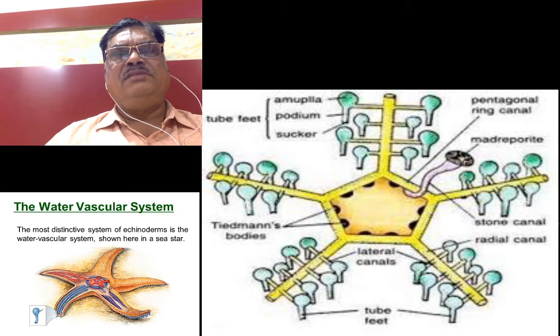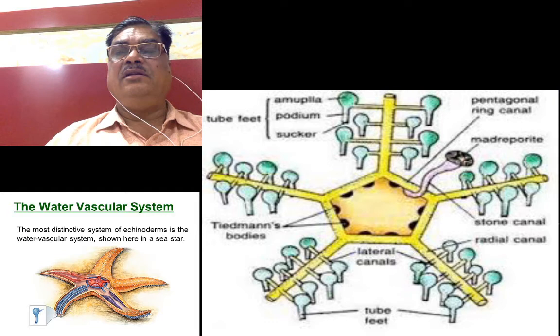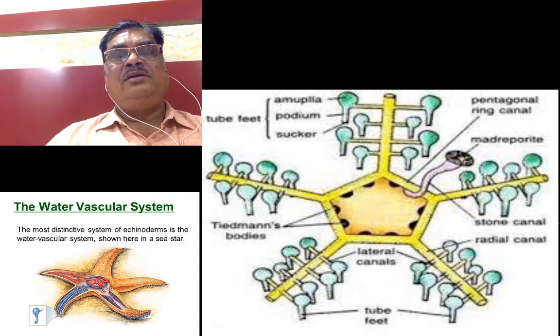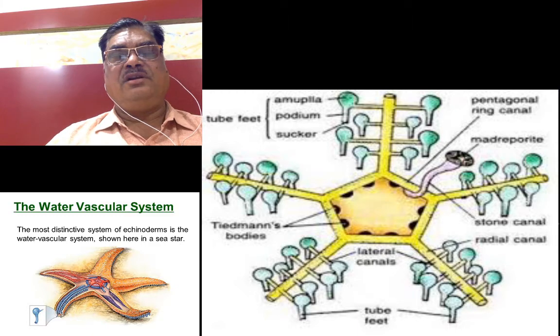The water vascular system has several functions. One, it is useful for locomotion, it is useful for respiration, and it is useful for excretion also. So these Polian vesicles are responsible for maintaining the pressure.